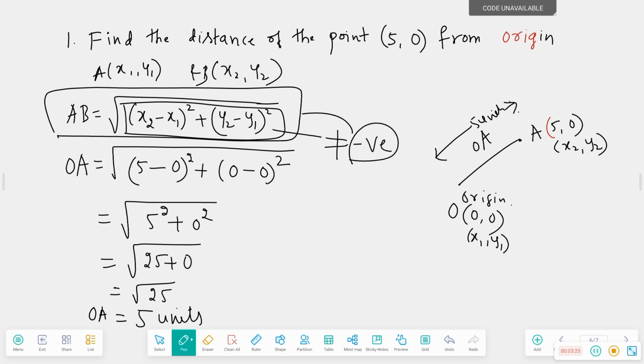If it is negative, square root of a negative number is not valid. Therefore square root of a negative number is not defined. Therefore this should be always positive. Therefore distance should be always positive.